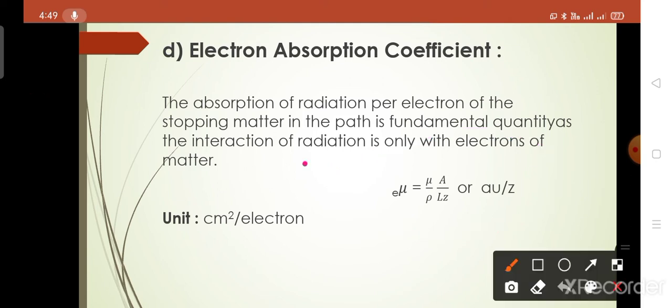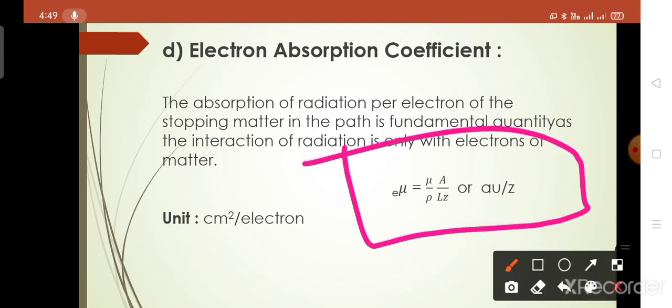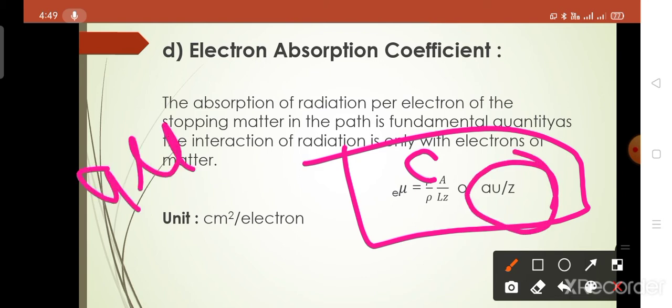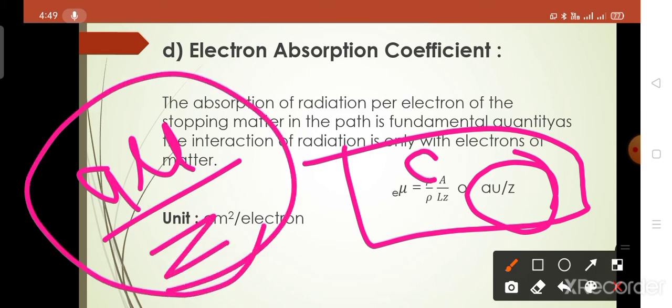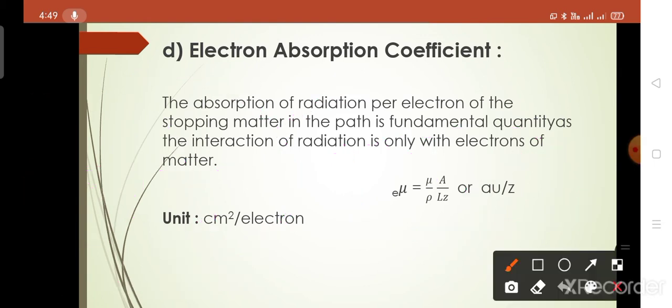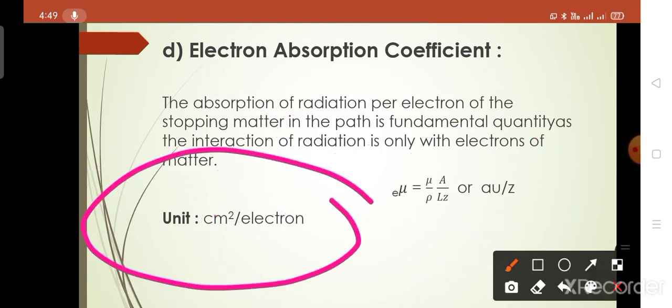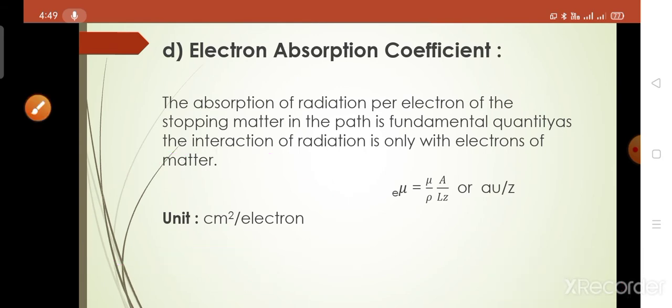The formula for the electron absorption coefficient is mu e is equal to mu upon rho into A by L Z, or we can write A mu by Z. This is the short formula for the electron absorption coefficient. So the unit for the electron absorption coefficient is centimeter square per electron.